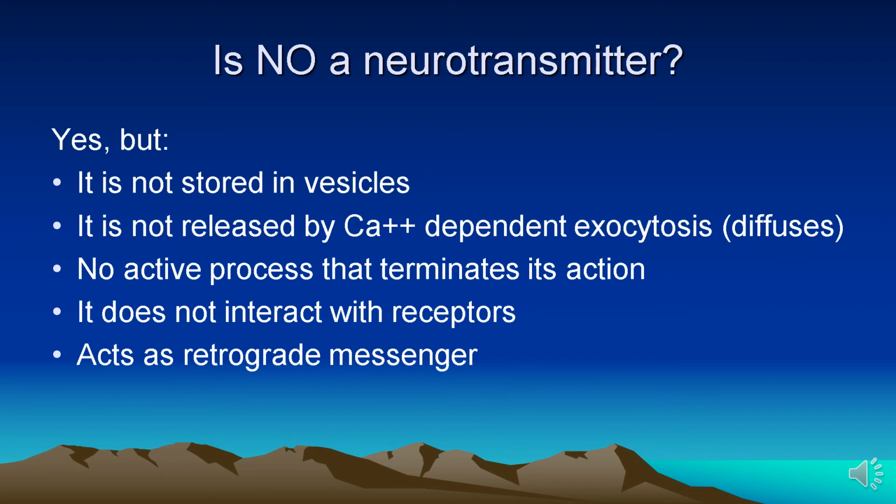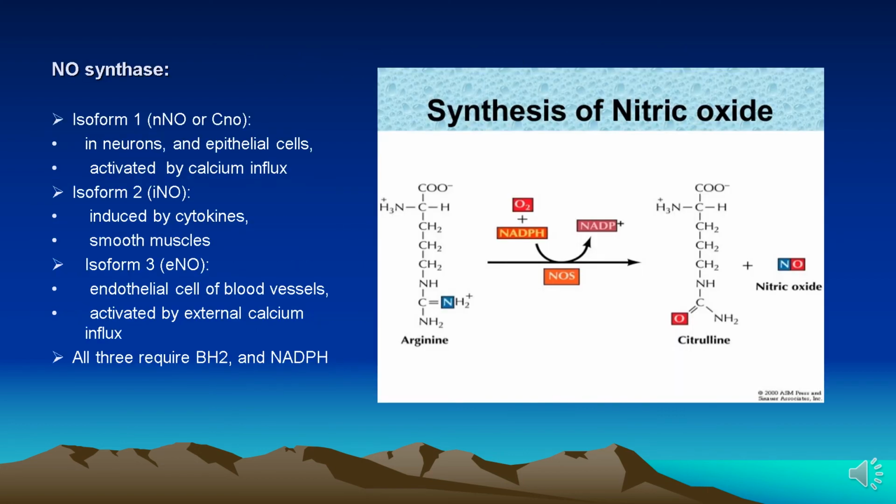There is no active process that terminates its action as with other neurotransmitters. It does not interact with receptors, and it acts as a retrograde messenger. That means that it comes from the postsynaptic and goes back to the presynaptic, and this process is called a retrograde process, and it is called a retrograde messenger.